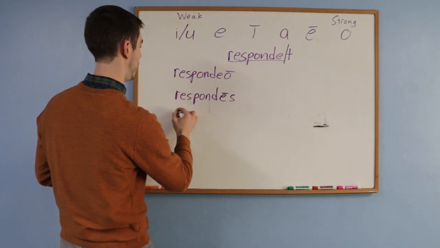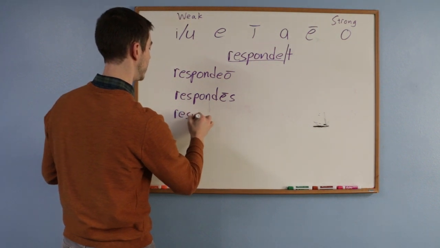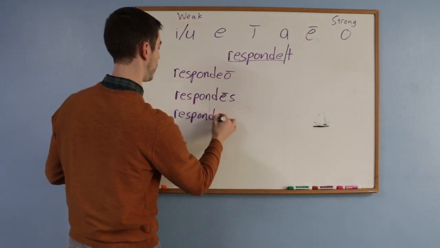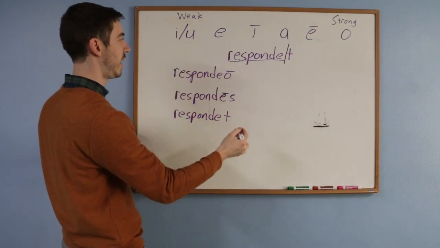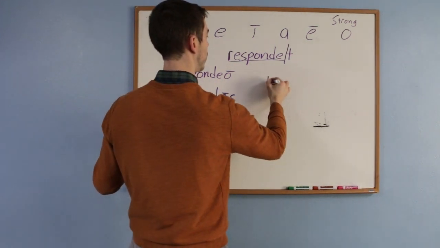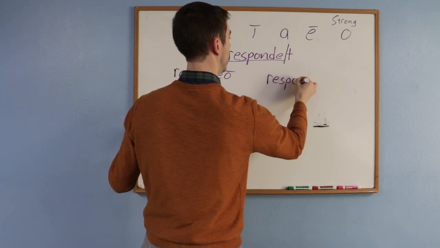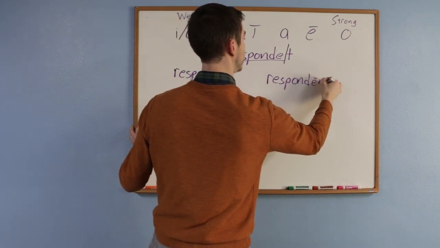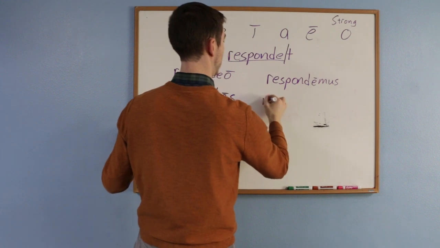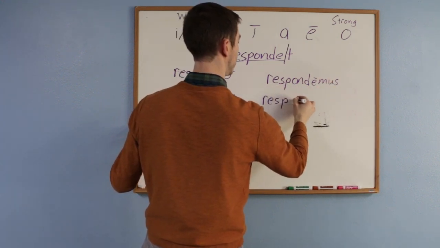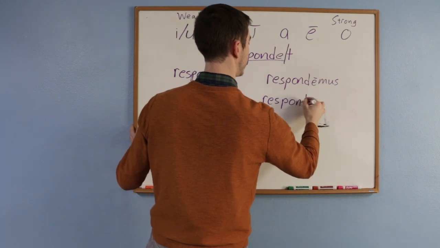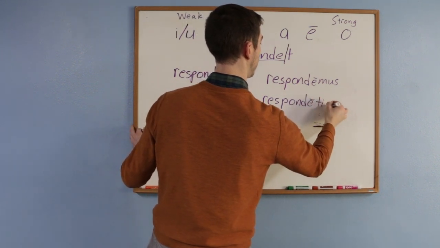And then for third person singular, which we already have up there, but we'll do it again, respondet. So the E squishes out the I. Now for plural, we have respondemus. This is first person plural, and then second person plural, respondetis.